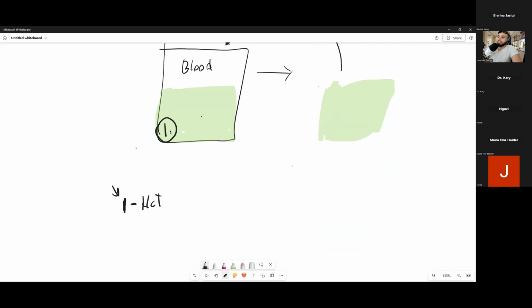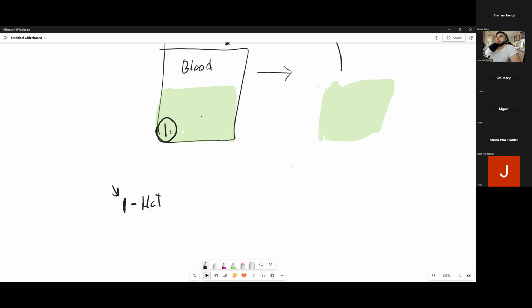Take away the hematocrit because that is not serving our purpose. That's just red blood cell mass. That's how you make the blood look very similar to plasma before we start solving equations.